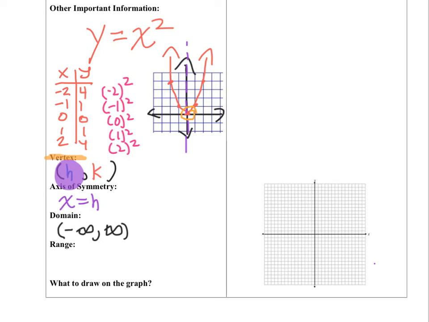Transformations can change the range. So in general, a parabola opening upwards will have a range from the k value to infinity, while a parabola opening downwards will have a range of negative infinity to the k value.